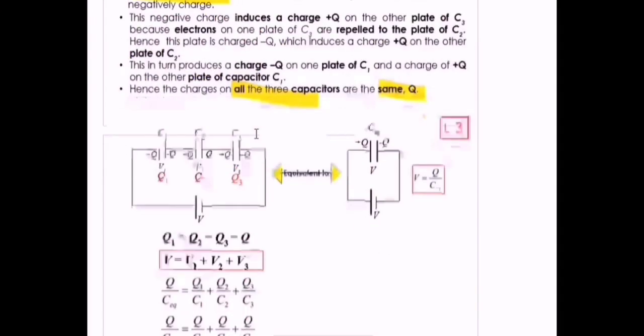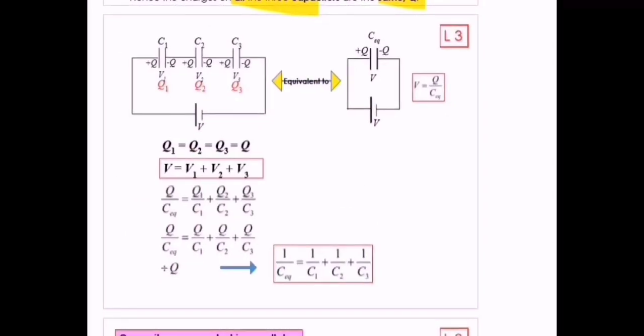Okay, so our equation for just now would be, we already know C equals Q over V. So C equals Q over V. And we know for C1, C2 and C3, they have the same charge. Okay, the charges are equal, so we start by equating all the charges.